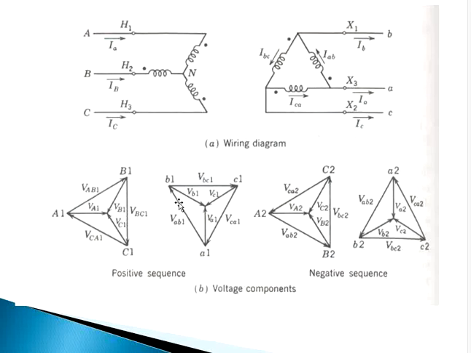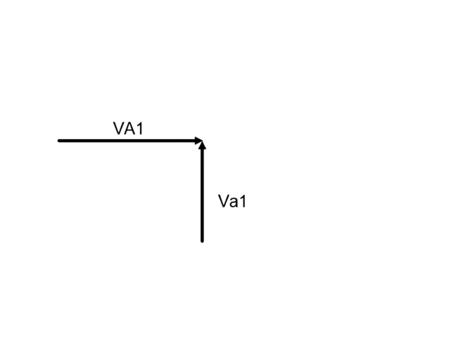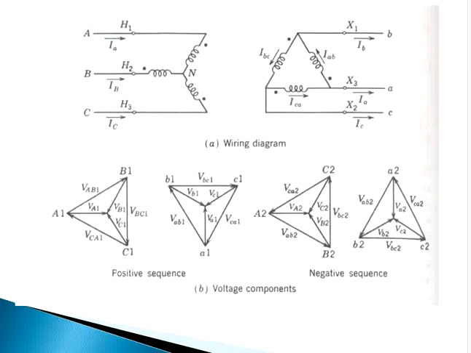This is VB1, this is capital VB1 and this is smaller VB1. What he is trying to say is that the sequence components are 30 degrees apart, but with respect to VA1, that is 90 degrees. The same thing he is going to explain.